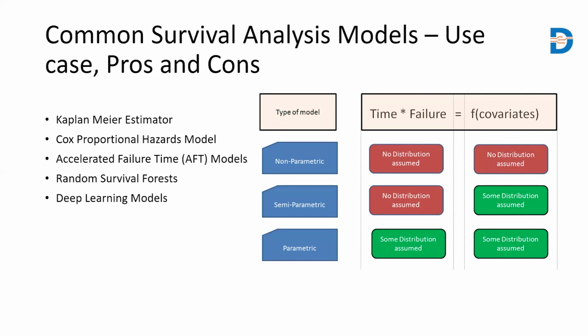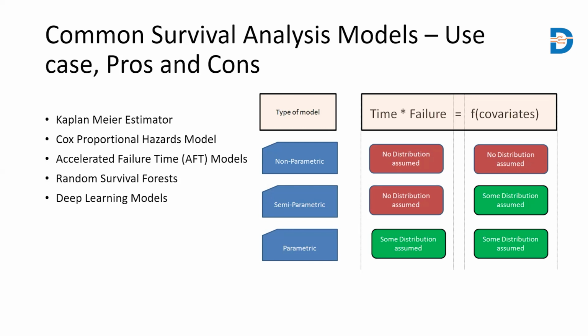The advantage is that it is very simple and non-parametric. The disadvantage is that it is limited to univariate analysis because it cannot handle covariates in the first place. So it's more like a time series analysis where you have only one feature with time.